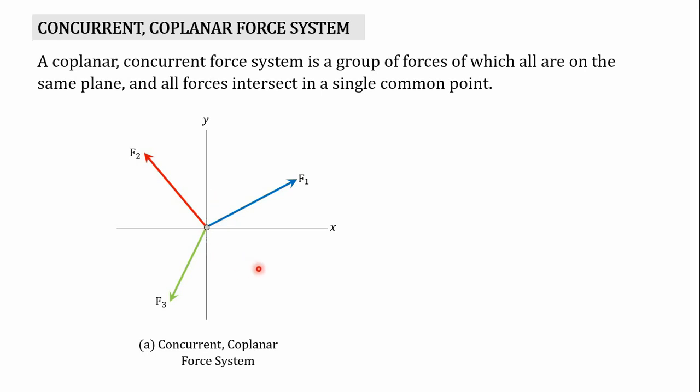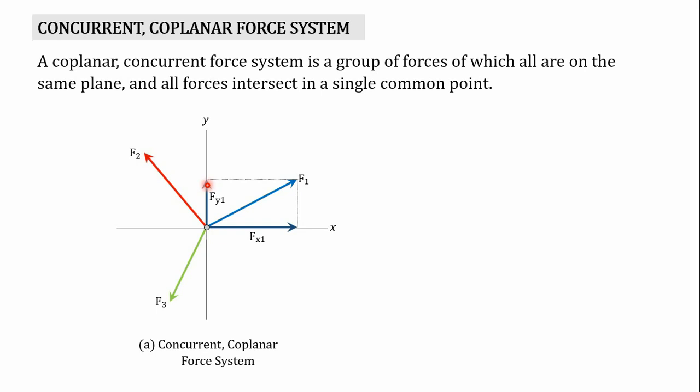Okay? And then, if we aim for this concurrent force system to solve the resultant force, first we must solve the component of each of the forces. Like this one, the component of force 1 is this, our Fx1, and this is our Fy1.